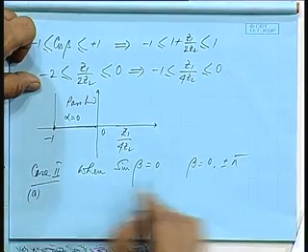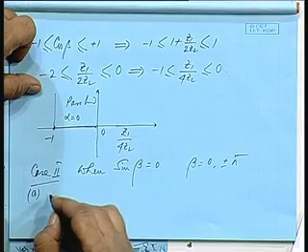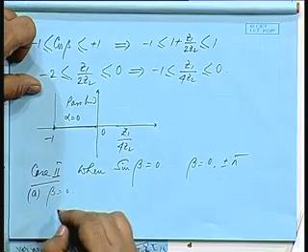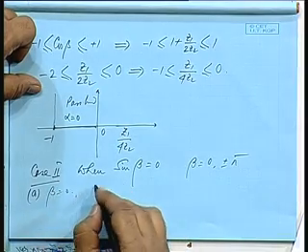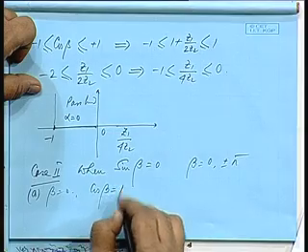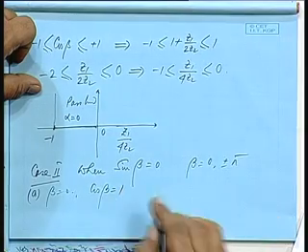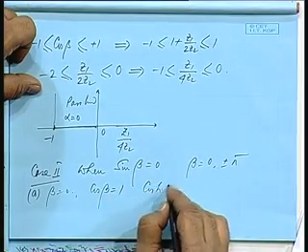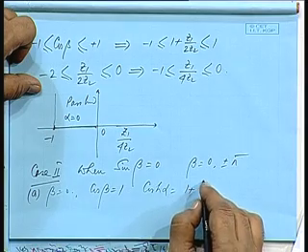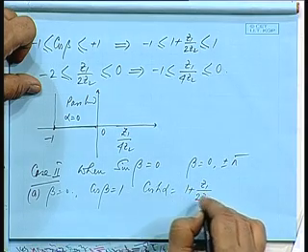Now, first case, if beta is 0, that is sin beta is 0, then cos beta is equal to 1. Therefore, cos alpha becomes 1 plus Z 1 by twice Z 2.